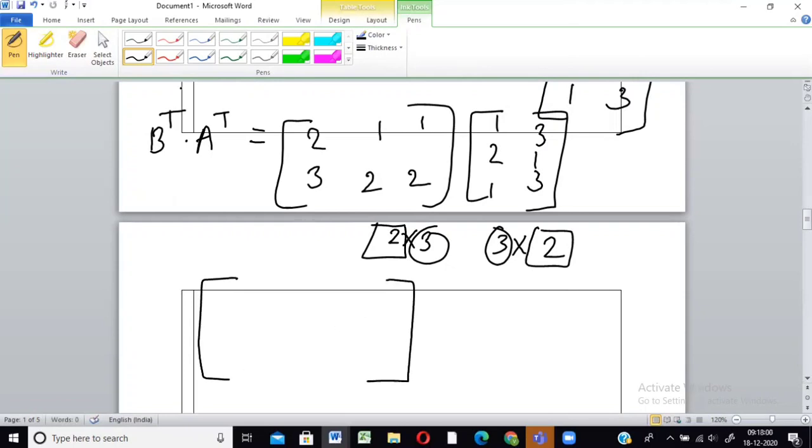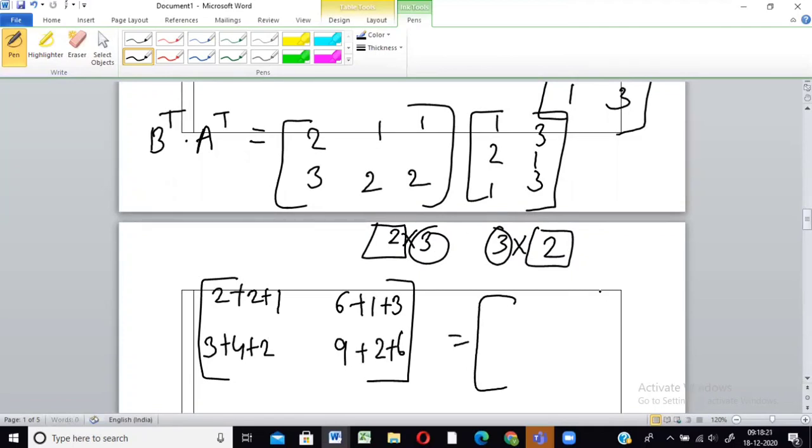What is it? First row into first column, right? 2 into 1, 2 plus 2 plus 1. First row into second column. 2 3s are 6 plus 1 1 plus 1 3s are 3. 3 1s are 3 plus 2 2s are 4 plus 2 1s are 2. 3 3s are 9 plus 2 plus 6. So the final answer is 5, 10, 7, 9, 11, 17.